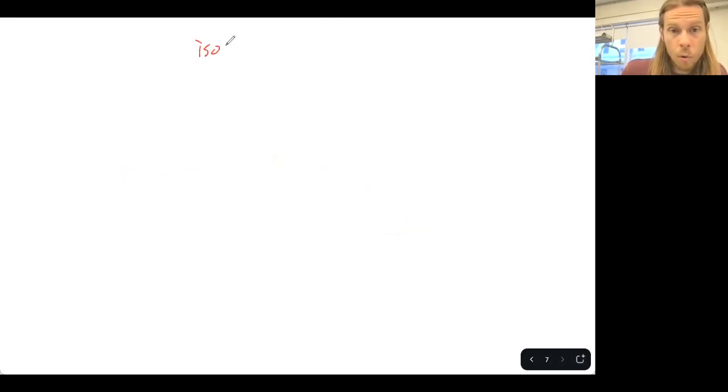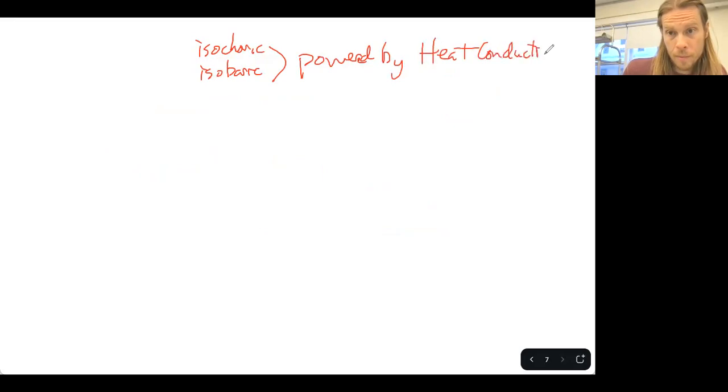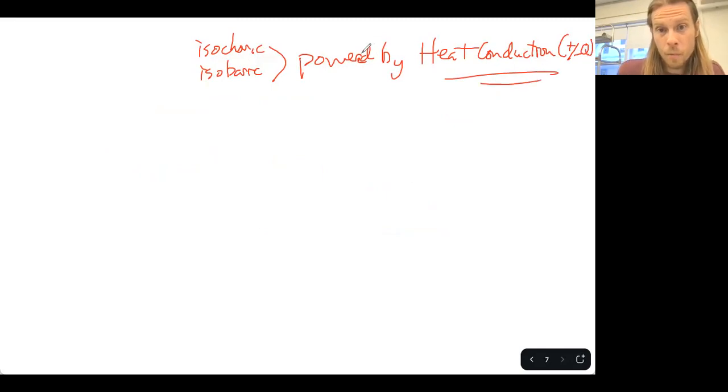So remember, isochoric and isobaric are powered by heat conduction, positive or negative Q, which means that they are driven by, you have a container, it's either rigid or not, and you heat it up or you cool it down. And so it either expands or contracts based on the pressure.